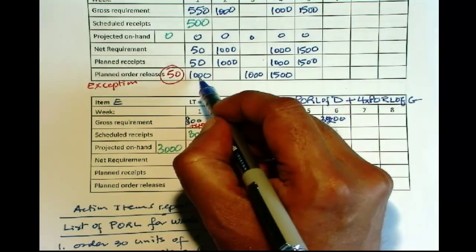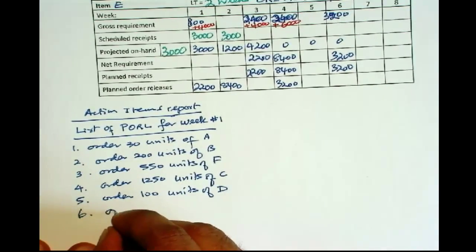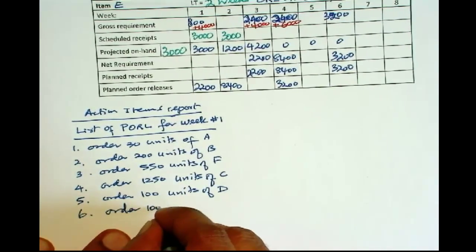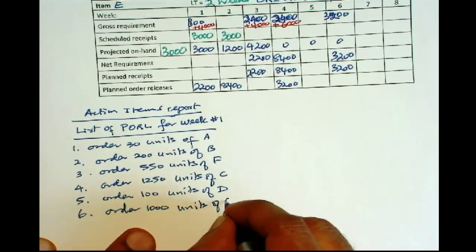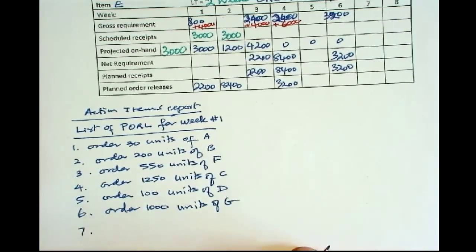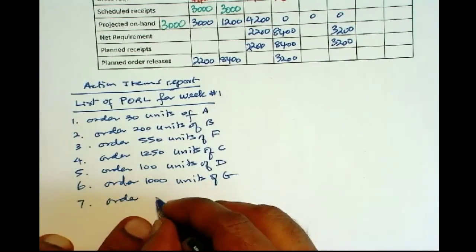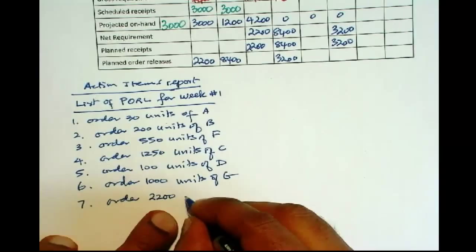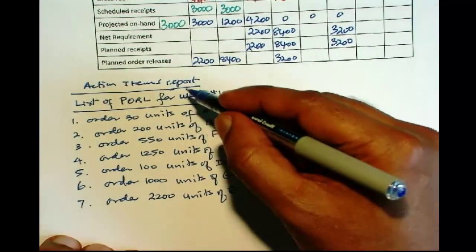Next is 1,000: order 1,000 units of G, and then order 2,200 units of E. So these are the actions that must be taken right now.